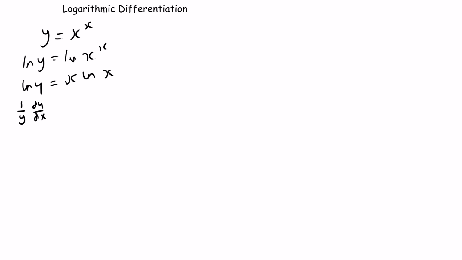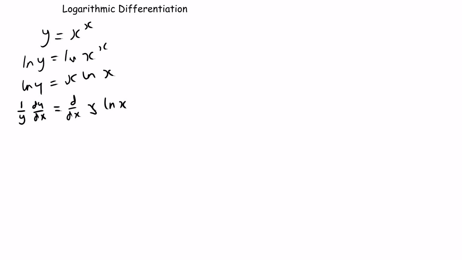If you're not sure about this step, have a look at my video on implicit differentiation. Now this is equal to the derivative of x natural logarithm of x. So we can then use the product rule to differentiate x log x.